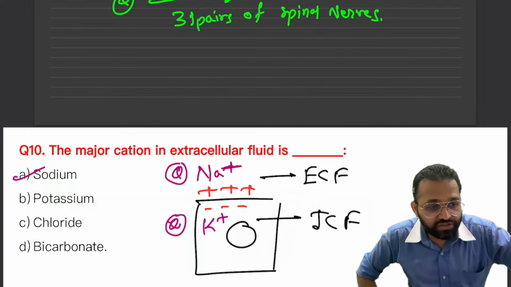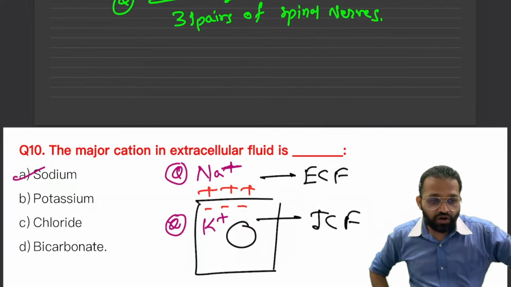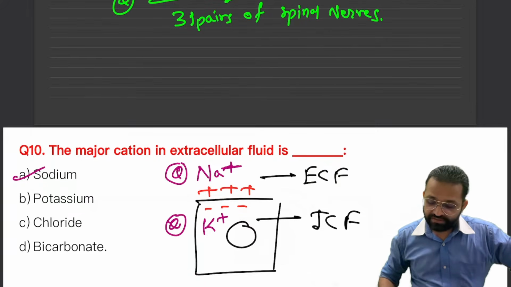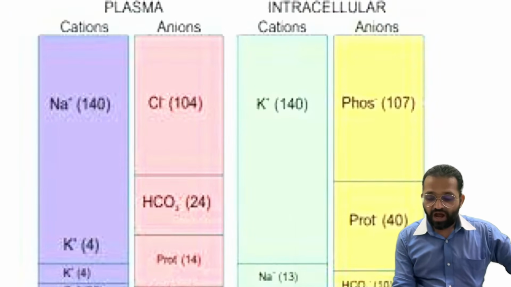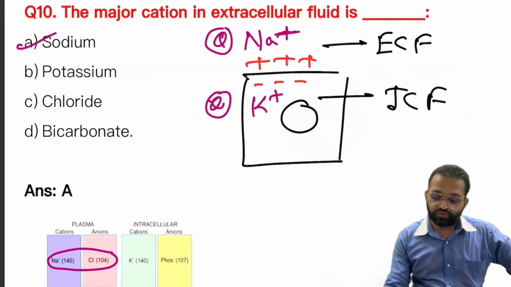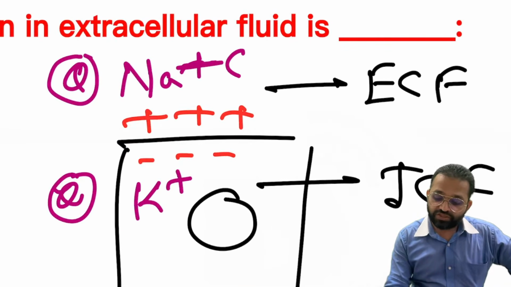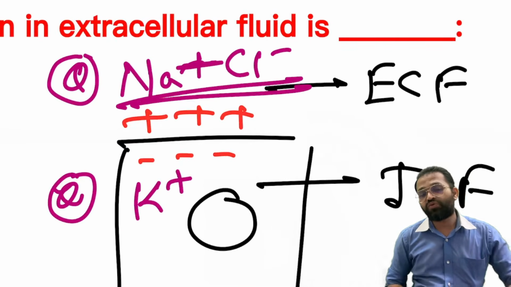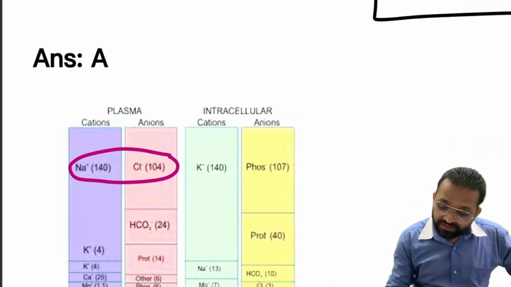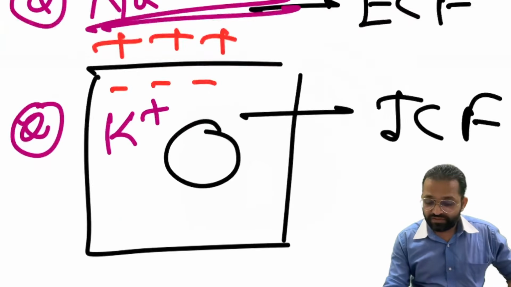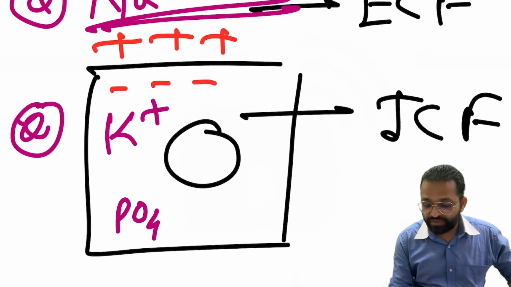Agree? Yes, Jyoti, Pooja, you all are right. Fine. Here is one table for all of you. Outside, sodium chloride is more. So remember, the salt NaCl is more on the outside, while inside you can see potassium and phosphate. So inside, the phosphate is more.